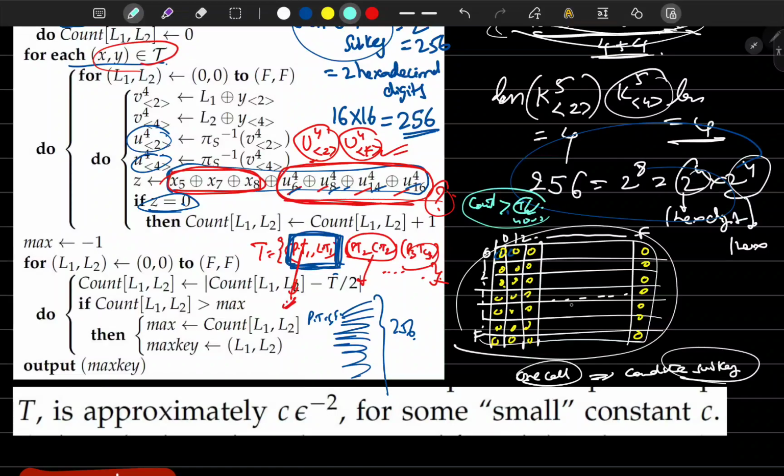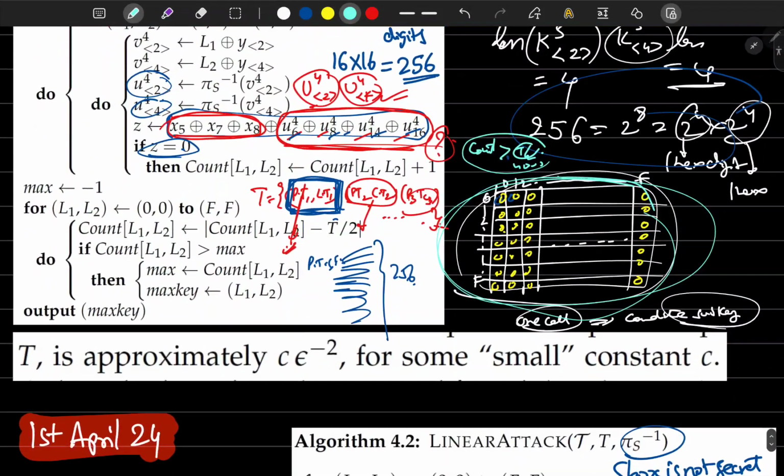Nearly the value becomes 4000 everywhere in each and every cell, so we will subtract T/2 to get uniformity. For each and every round we subtract T/2, and we take the modulus value.